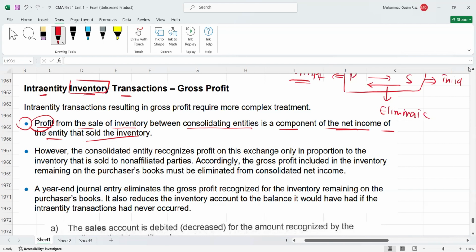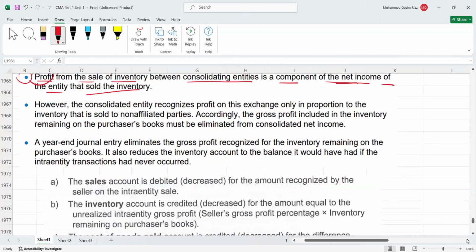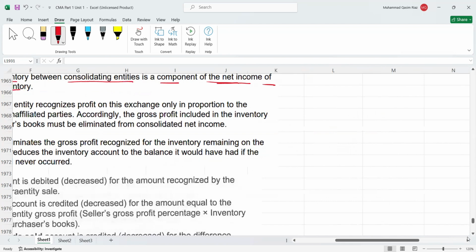Please remember here. Now let me give you two scenarios, and then I'll explain what's written here. For example, if the parent sold goods to the subsidiary, let's assume the goods are 100%. I'm stating it in terms of percentage.